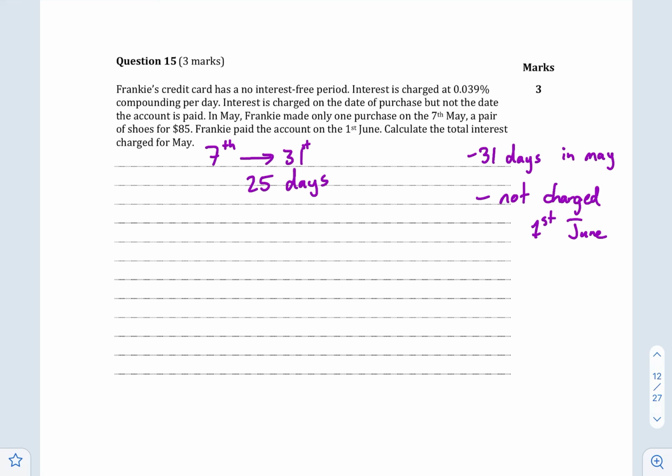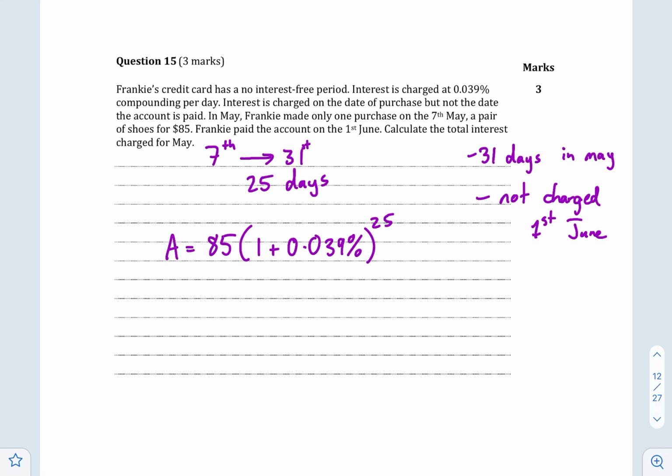Next, we need the compound interest formula. So the amount is going to be 85 times 1 plus the rate, which we got given. We don't have to change it because it's already daily. And the number of days, which is 25.